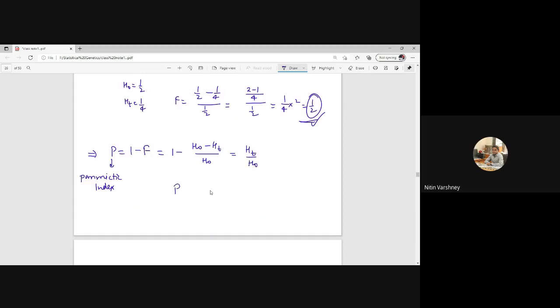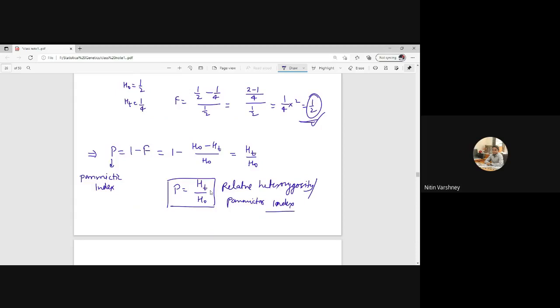So this P, the Panmictic index, is the ratio of the proportion of heterozygosity after T generation and the initial heterozygosity. So it is known as relative heterozygosity, or it is also known as Panmictic index.